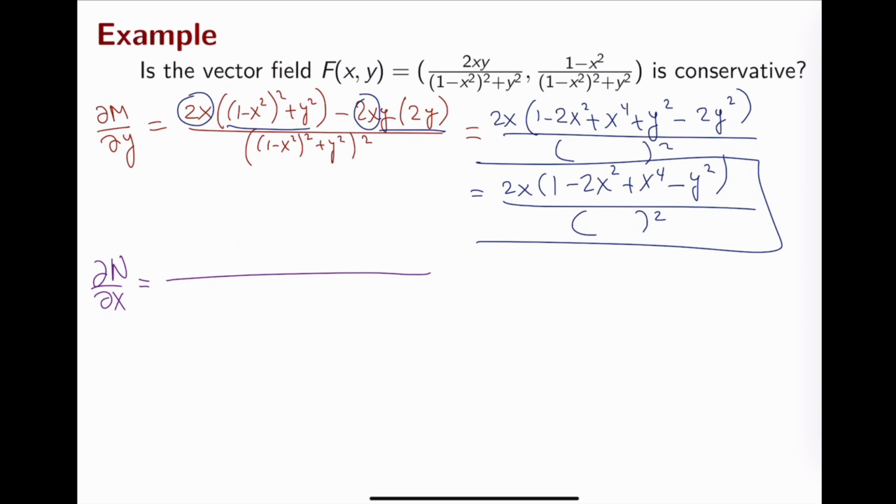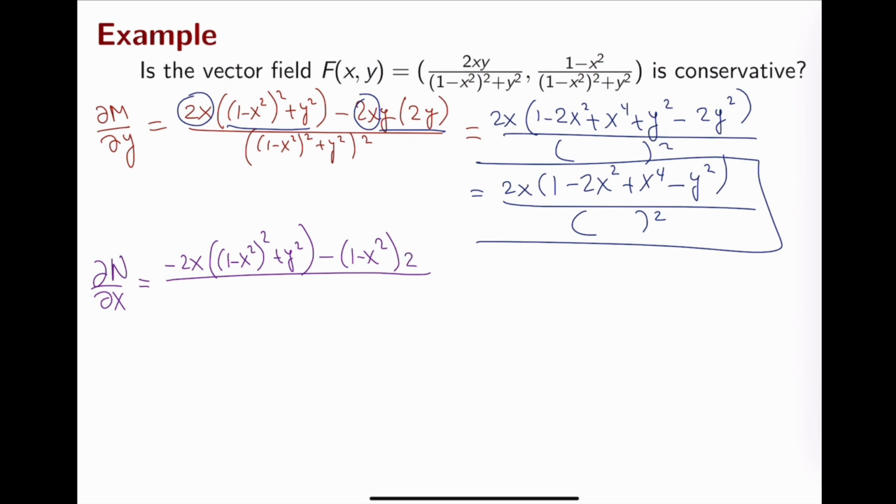It will be the derivative of the numerator, which is minus 2x times the denominator as it is, minus the first one as it is, times the derivative of the denominator, and now the derivative is with respect to x, so this part is going to be constant, and we are going to center on the derivative of this term, which is a power, right?